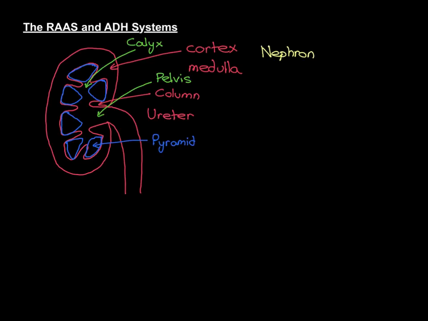So the beginning of the tube is a structure known as Bowman's Capsule, and this is the area where the beginning fluid is actually formed, and it's going to come from the bloodstream. So this is representing Bowman's Capsule, which is a structure that you're going to have at the start of every single nephron.